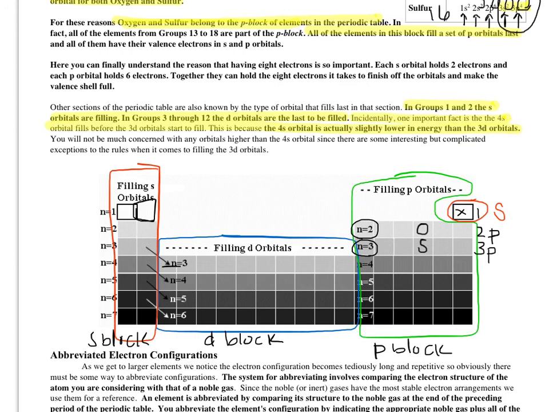So even though this whole row here should really be the 1, 2, 3, 4th row of the periodic table, these all end in 3d. So they're just one behind instead of ending in 4d like you'd think. And this whole row is 4d. And this whole row is 5d, and so on and so forth, although I wouldn't have you write the electron configuration for something way down in that 5d row.